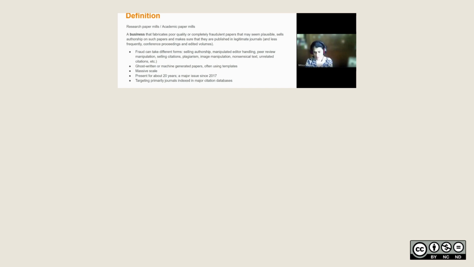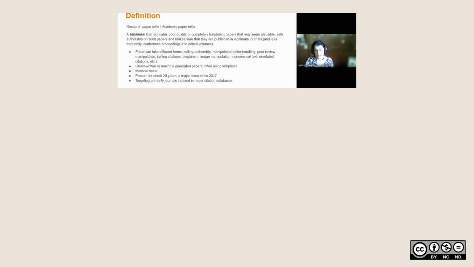They are using some paper templates, and then they are inserting the data, invented, fabricated data, and they are combining various pieces of text that may be generated using AI or in different ways, or copied and pasted from different papers, or copied and paraphrased using a paraphrasing tool and copied into the new paper.